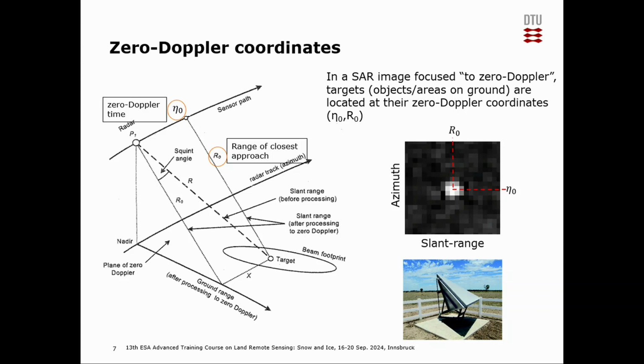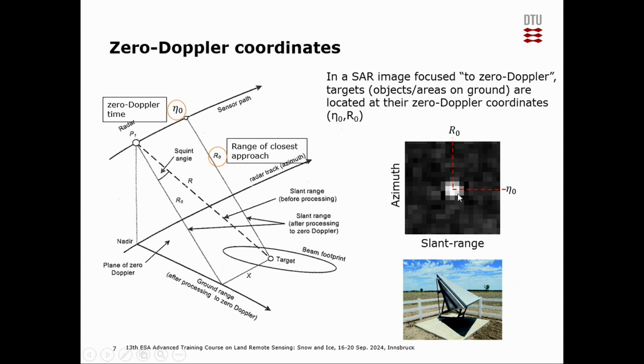To understand things more thoroughly, we need to get a little more quantitative. So if we have a SAR flying and looking to the side, as you saw yesterday with Helmut, if you then download some imagery, some so-called focused SAR images, single-look complex products from the European Space Agency or other satellites, the position of objects is stored at the so-called Doppler coordinates.